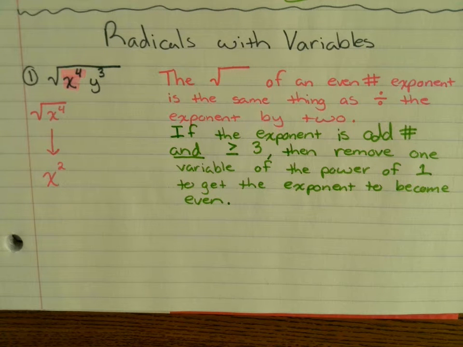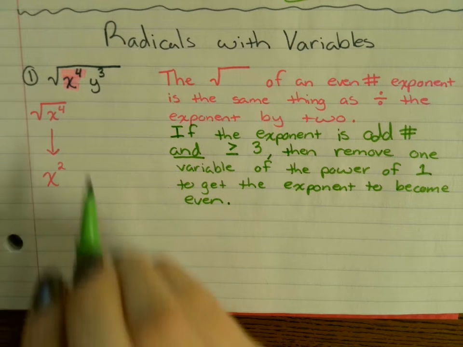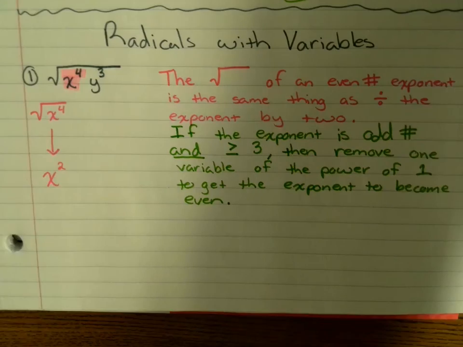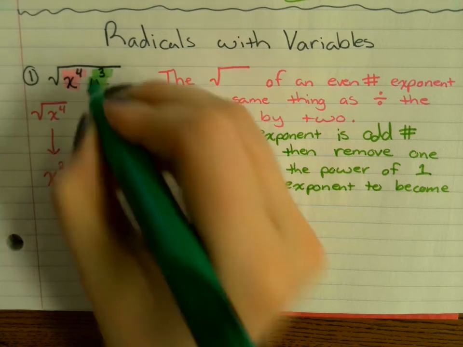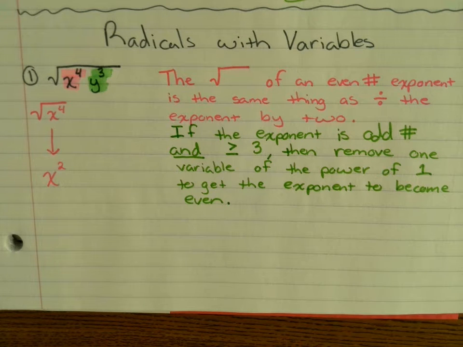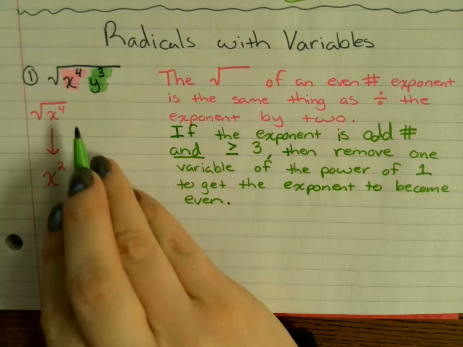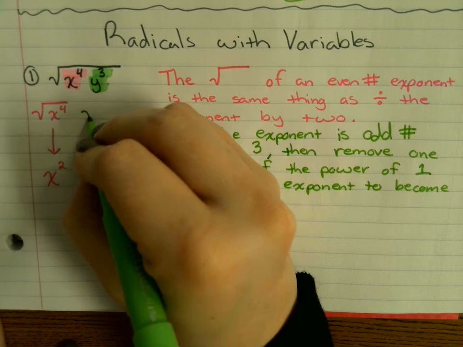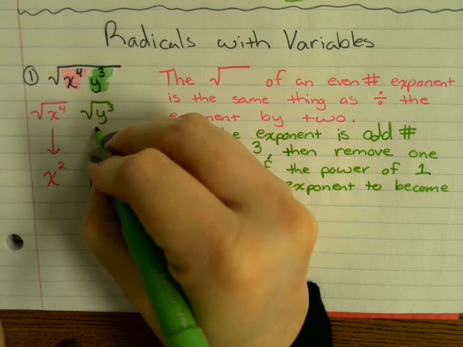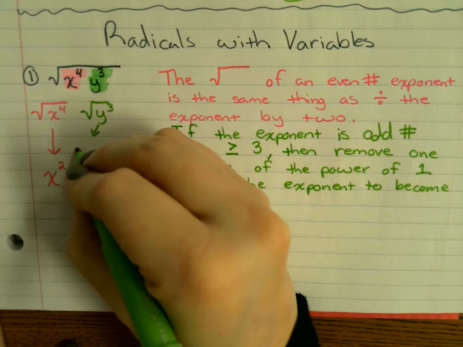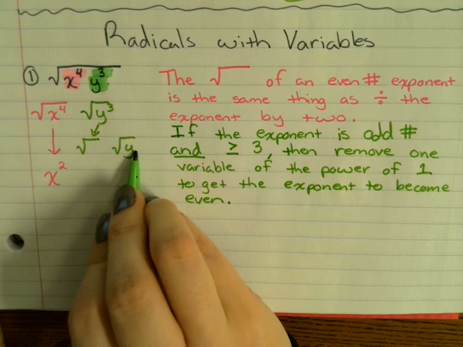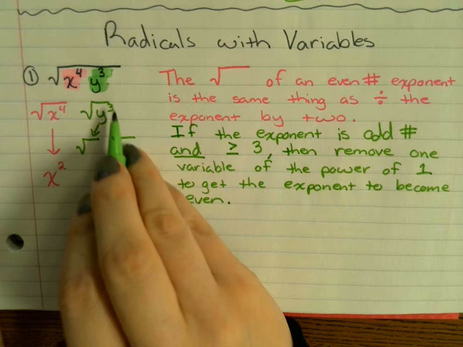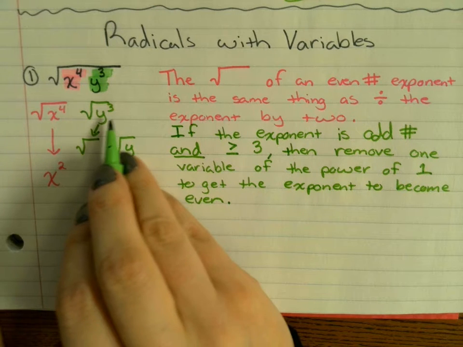So what I'm trying to say again is, y to the third is obviously an odd exponent. I'm going to separate y to the third out by breaking it apart as y off to the side. And if I remove one of the y's, how many am I left with? 2. So that means I have y to the second power here.